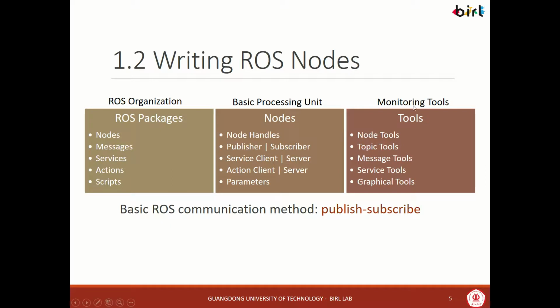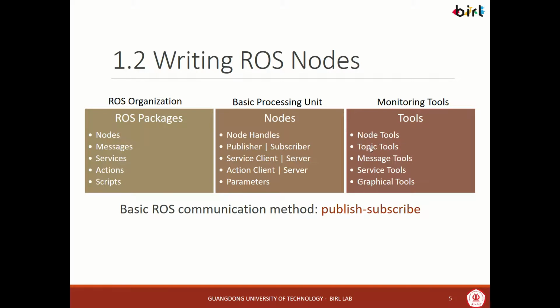Finally, we also have tools for monitoring what's going on inside of a node. We have node tools, for example, they give us information about a specific node: what's the process ID, what does it publish to, what does it subscribe to, how many services does it have.